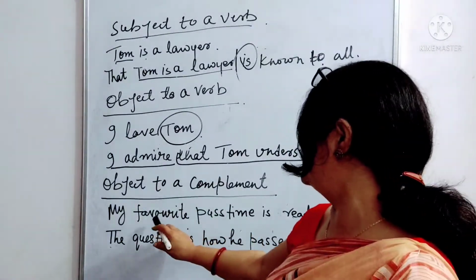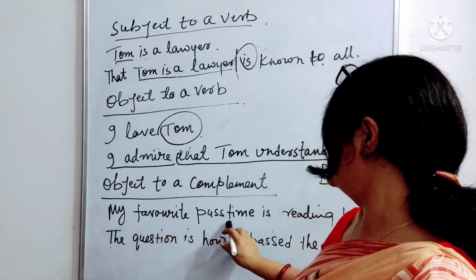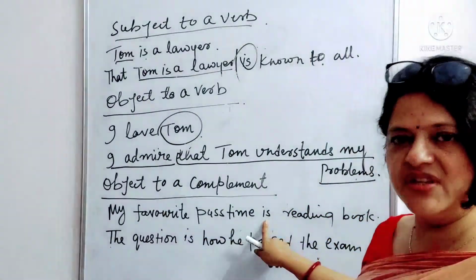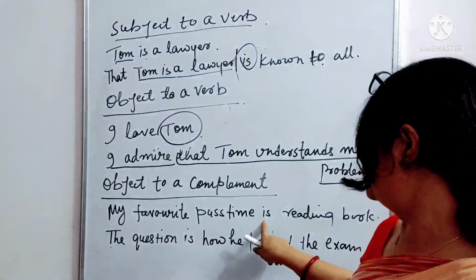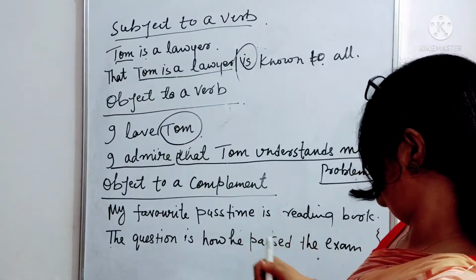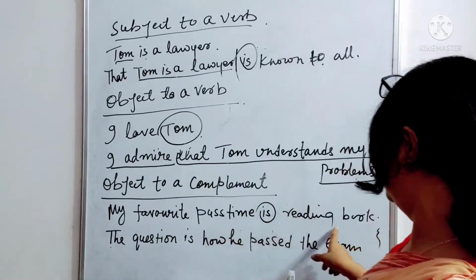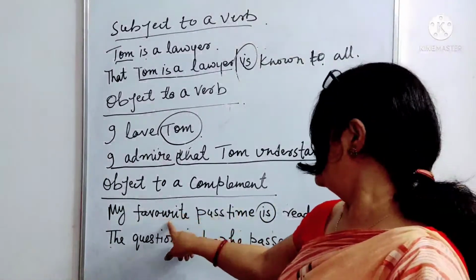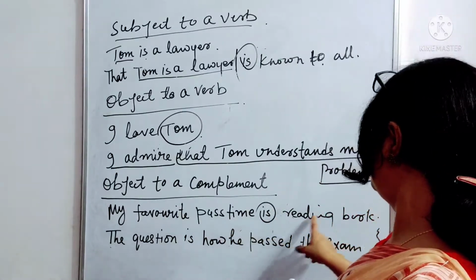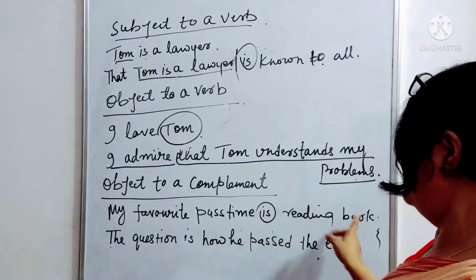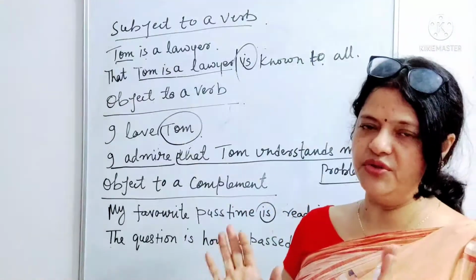So here we see that my favorite pastime, till here we have the subject, and then we have this linking verb, which is connecting the subject with this complement. So my favorite pastime is reading books. This favorite pastime and reading books, these are the same thing.